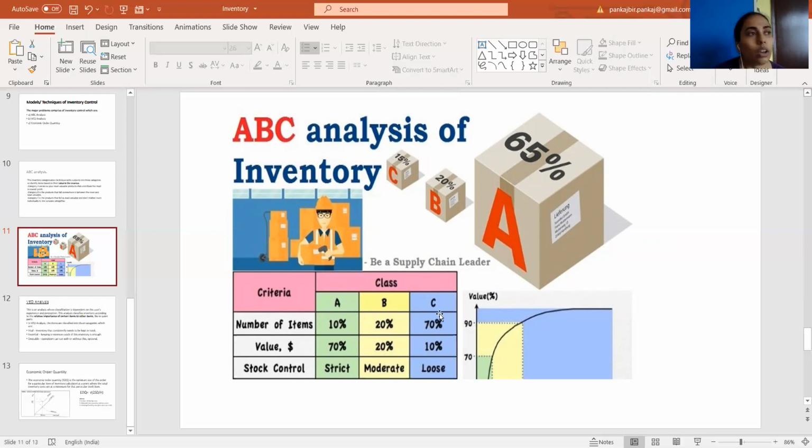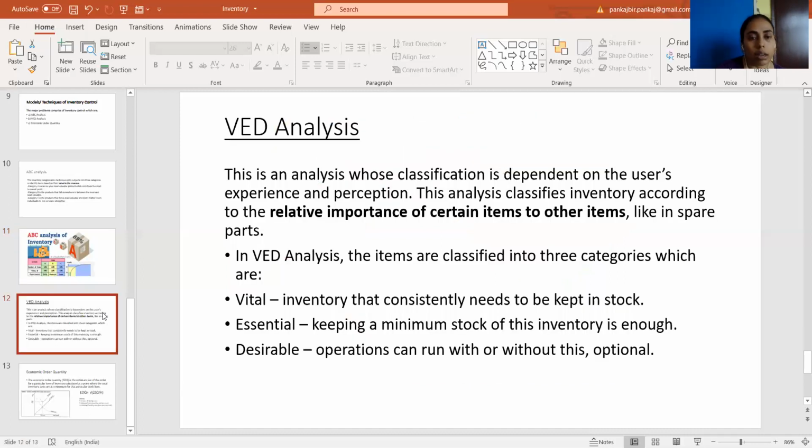And in the C category, 70% of the items are the least valuable for the inventory, which means they can contribute a maximum of 10% of the whole revenue. So strict control is required for A category commodities, moderate control for B category commodities, and loose control for C category commodities. On this basis, you can classify the inventory in your organization.